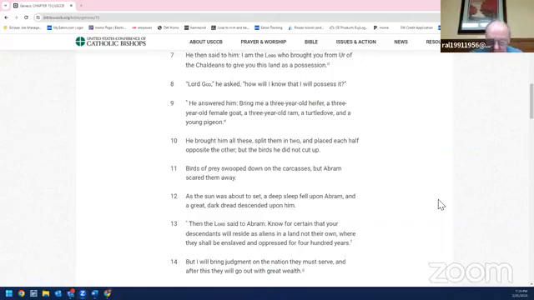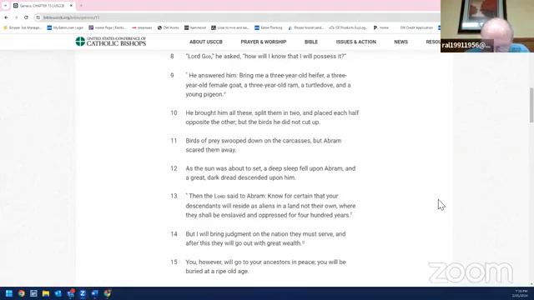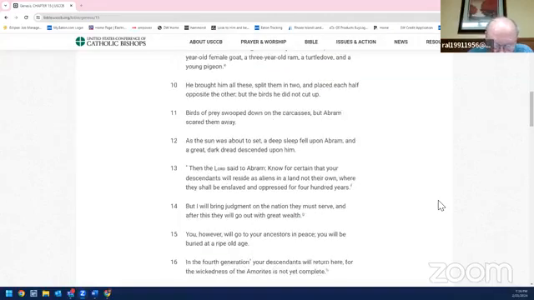Birds of prey swooped down on the carcasses, but Abraham scared them away. As the sun was about to set, a deep sleep fell upon Abram, and a great dark dread descended upon him. Then the Lord said to Abram, know for certain that your descendants will reside as aliens in a land not their own, where they shall be enslaved and oppressed for 400 years.